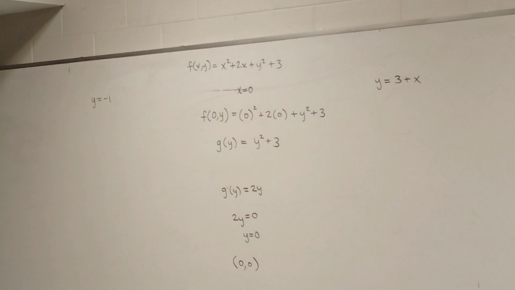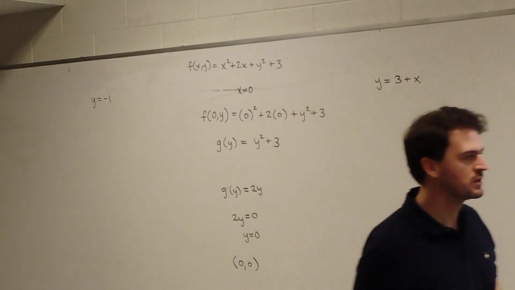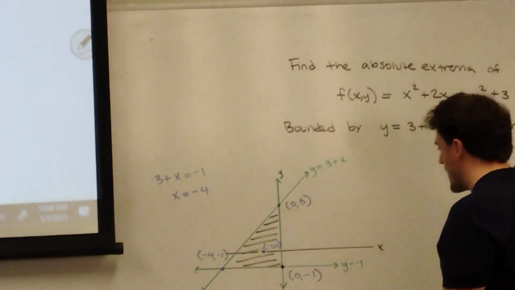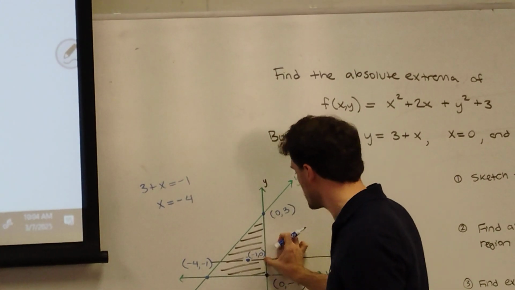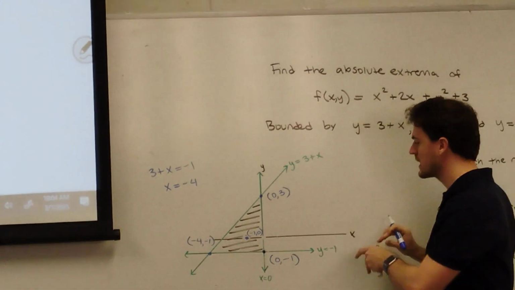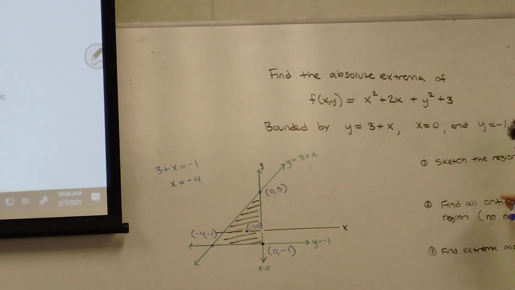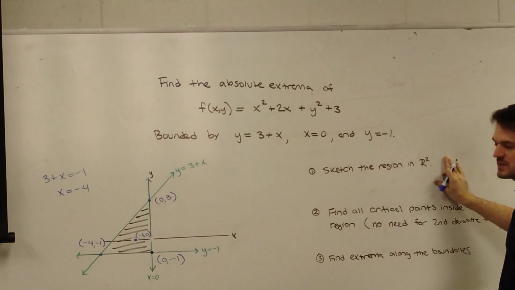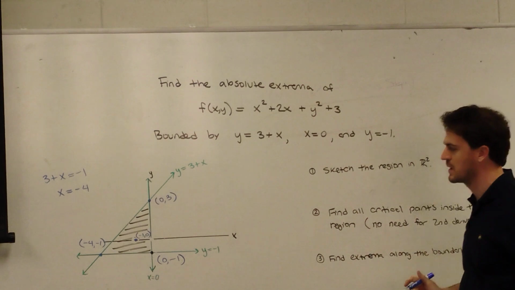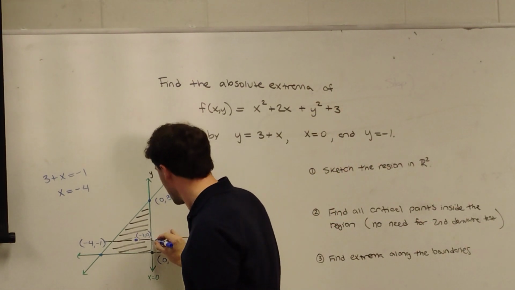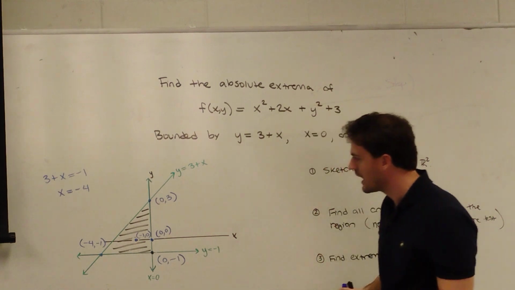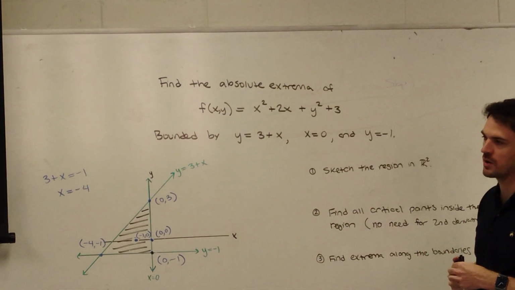What does that mean? Coming over to my sketch over here, this is going to be like a master sketch, by the way. By the end of these problems, you're going to be looking at this drawing a lot. So in step 1, sketch the region. Maybe you want to spend some time making it an accurate picture. So now, along this line, I have the point 0, 0.